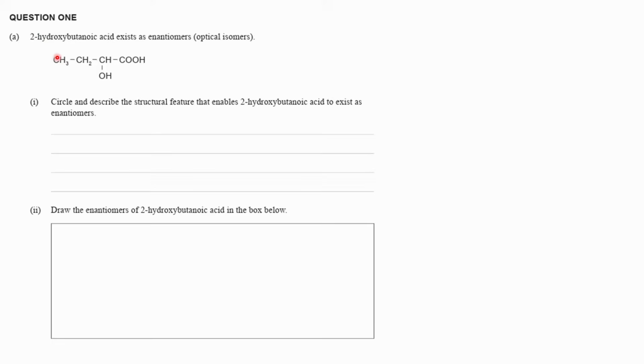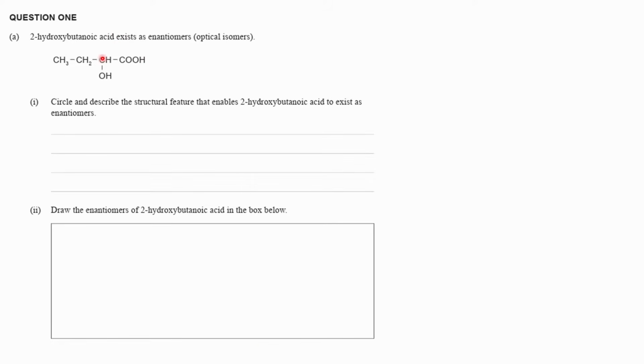Those are identical, so it can't be chiral. The second carbon has 2 hydrogens coming off it, so it cannot be a chiral carbon. The last carbon has different groups coming off it, but if we remember, this is a carboxylic acid group, one of the groups is a double bond oxygen. It only has 3 groups or atoms in total coming off it.